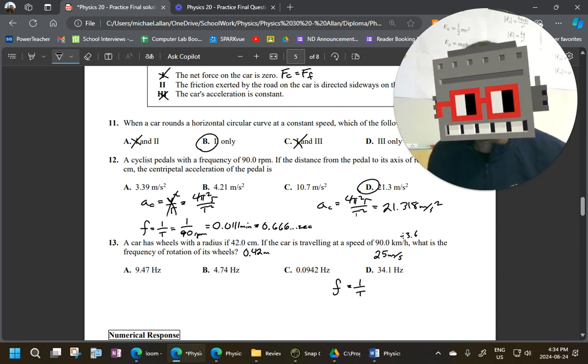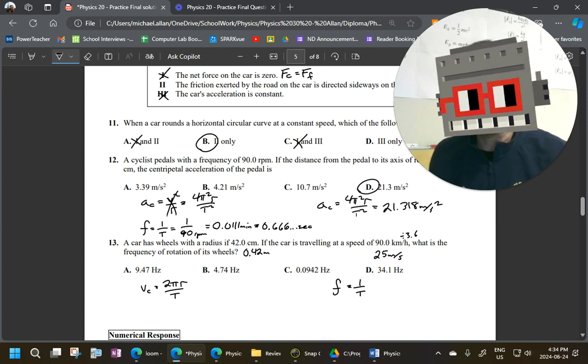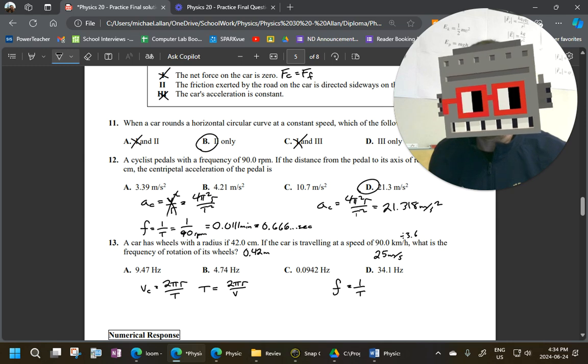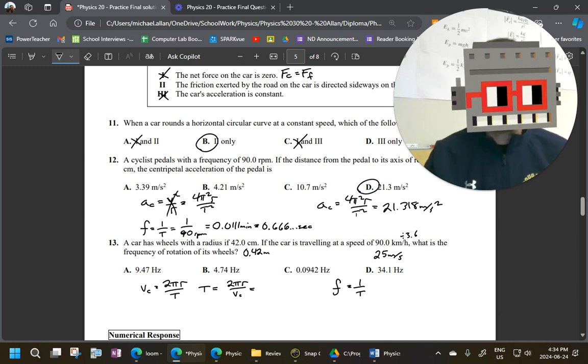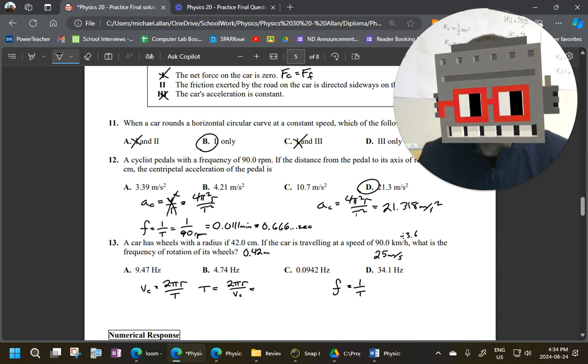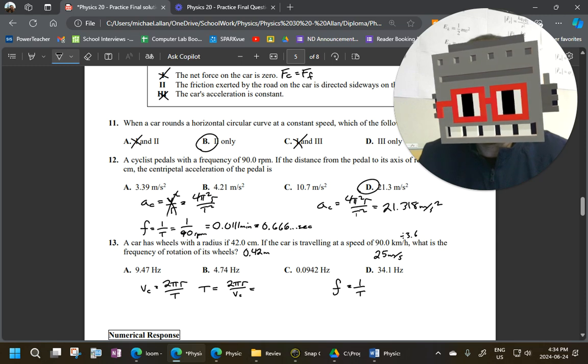And we can find the period by using this formula. Now, this one here is very overlooked most of the time. A lot of people want to jump to those other ones because they seem more exciting, but this is probably the best choice here. So I'm going to go 2 times pi times my radius divided by my speed.